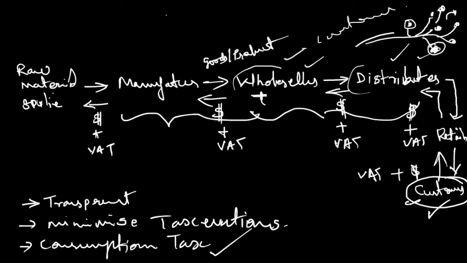So the retailer will charge more than the distributor. By the same way, proportionate VAT will also increase. It is a percentage of price, which means the actual tax burden is visible at each stage of a supply chain or distribution chain.